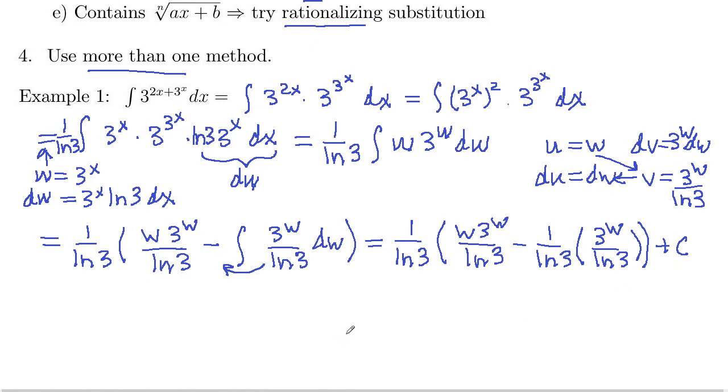Now we've got several log 3's floating around in here. We could clean that up a little bit. We've got a 1 over ln 3 here and a 1 over ln 3 common there that we could bring out in front with this 1 over ln 3. So it'd be 1 over ln of 3 squared.